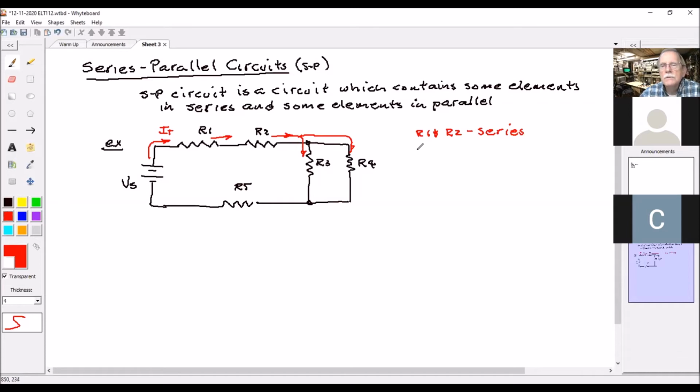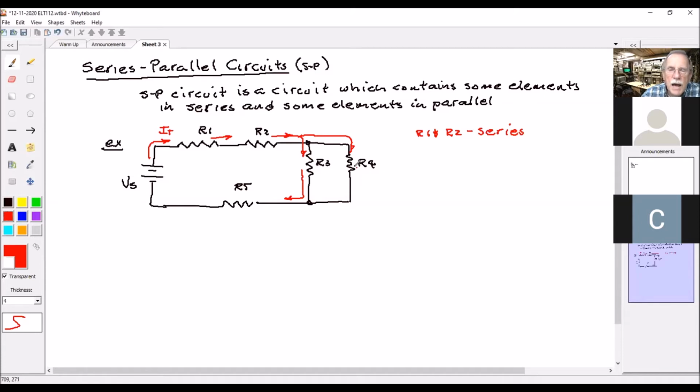Okay? So maybe R3 and R4 are in parallel, but we don't know that yet. The current that comes out of R3 is now, remember, trying to get back to the negative of the source, so it's going to go that way.